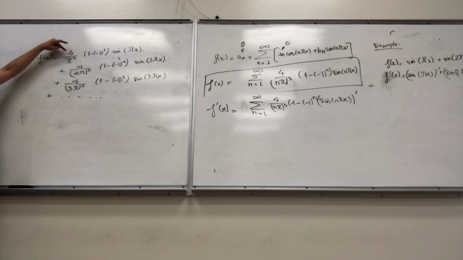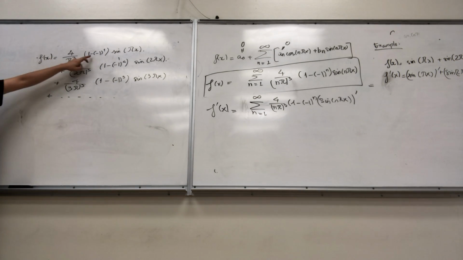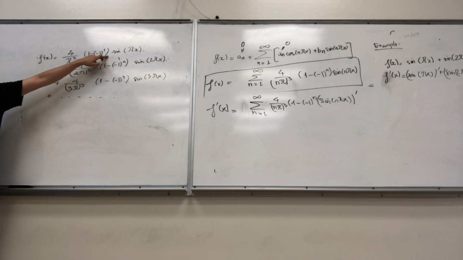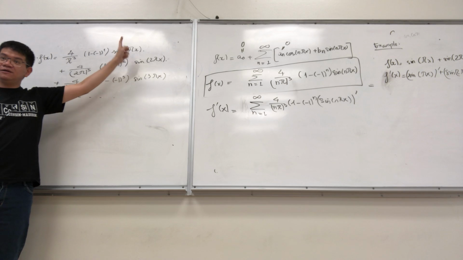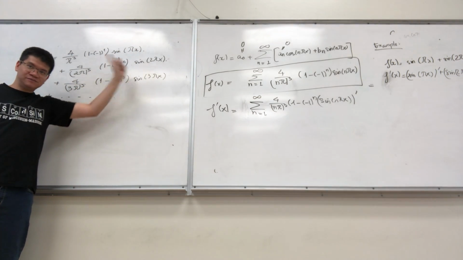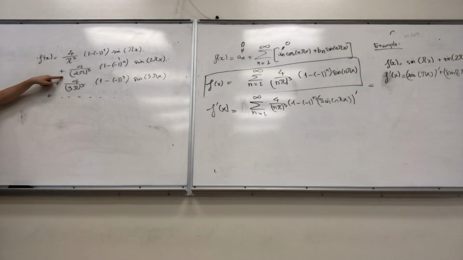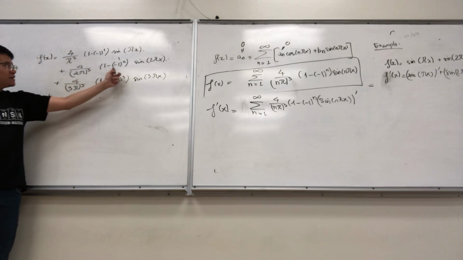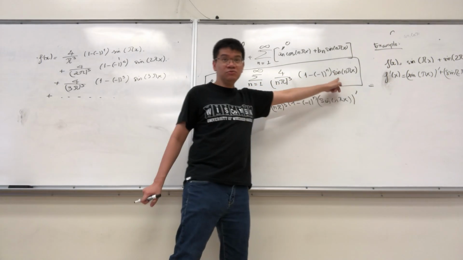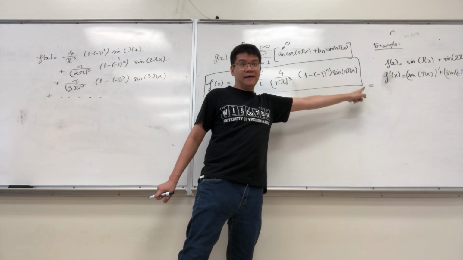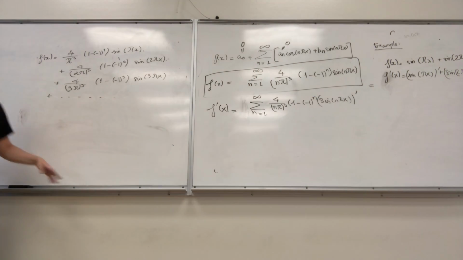So f of x will be 4 over pi to the power 3, 1 minus (-1) to the power 1, because I replace n to be 1, sinus pi x. So here n is 1, so you have sinus pi x. The second one is to replace n to be 2. So you have 4 over 2 pi to the power 3, 1 minus (-1) to the power 2, because n here is 2, and you have sinus of 2 pi x, right?